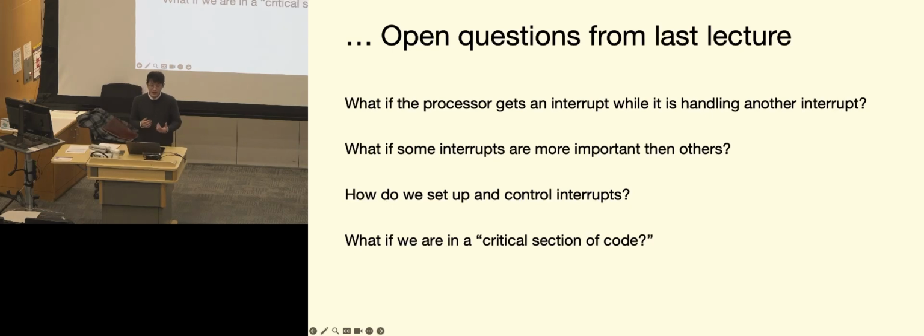And how do we set up and control those interrupts, either in software-level programming or in the hardware level, in the registers? And what if we are in a critical section of the code that's not supposed to be interrupted? Are there any protection mechanisms protecting the main program from being disturbed by those hardwired interrupts?